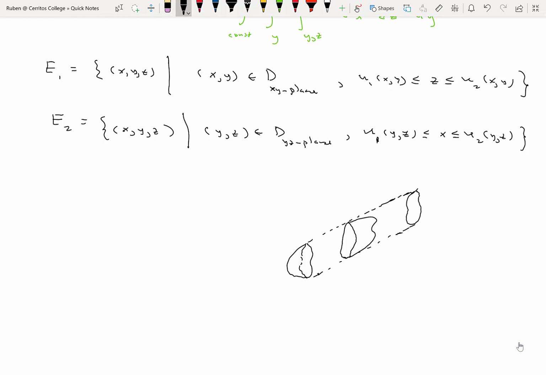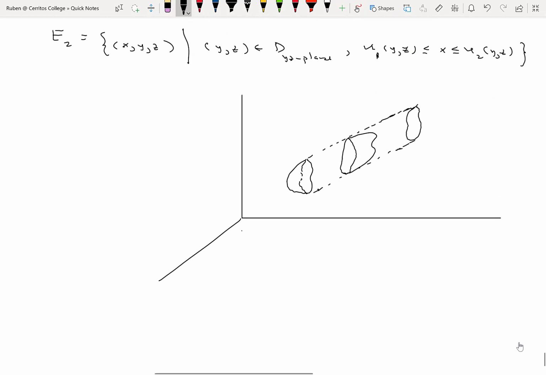Okay, so let me get the axes in this drawing here. Here's the x-axis. That's the worst looking x-axis I've drawn today. Okay.